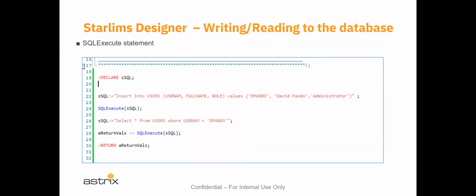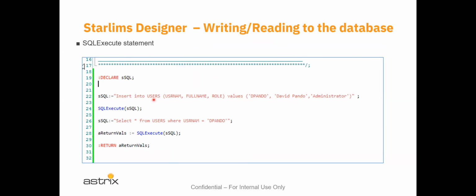So here's an example of writing or reading from a database table in STARLIMS script. So let's say on click event in STARLIMS, we have a button, and on that on click event, we call the server script that inserts a new user into the users table in STARLIMS. Well, here's a standard SQL statement.